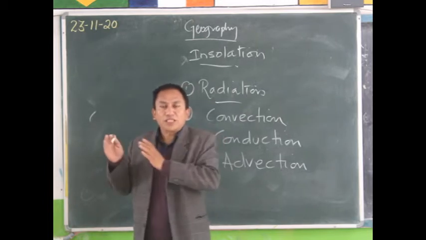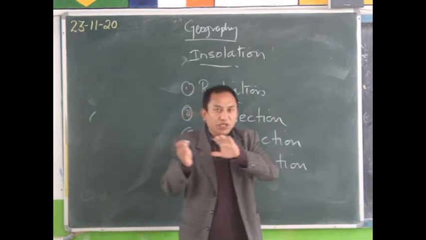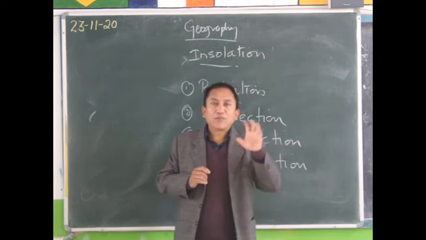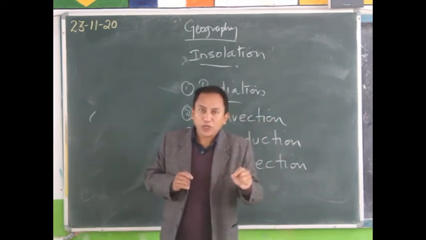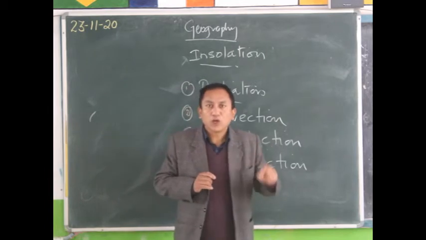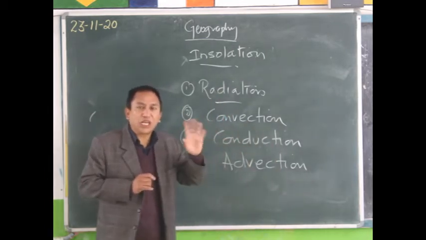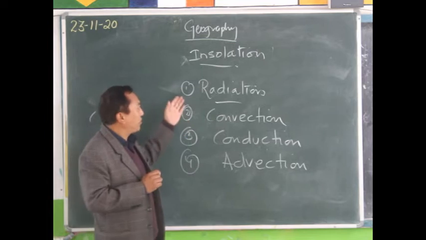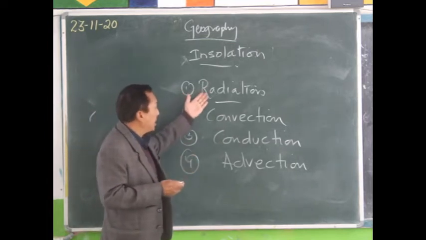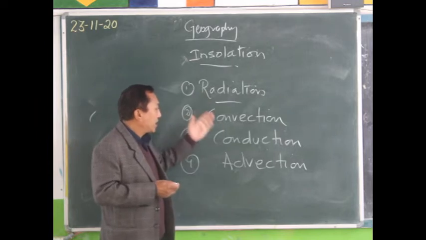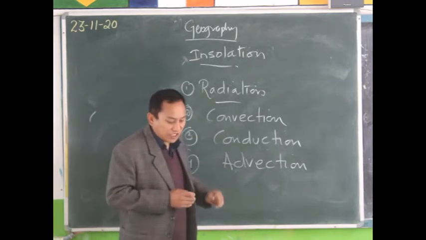Similarly, if cold winds come from the Himalayas and blow over this region, Pakyong, the temperature of Pakyong will slightly go down. That is because of the wind. So this way also, the temperature of places can be altered. So these are the different ways in which the temperature of the earth changes: radiation, convection, conduction and advection.